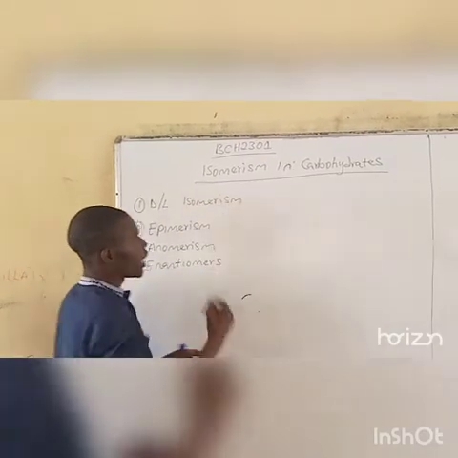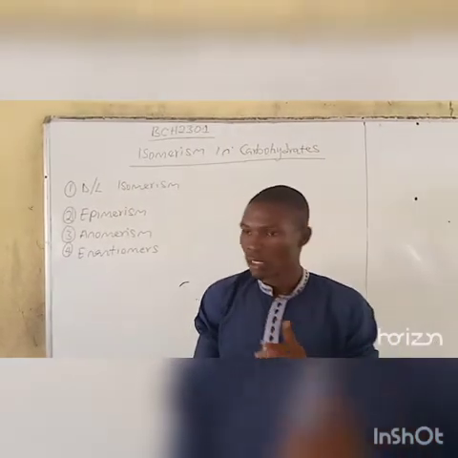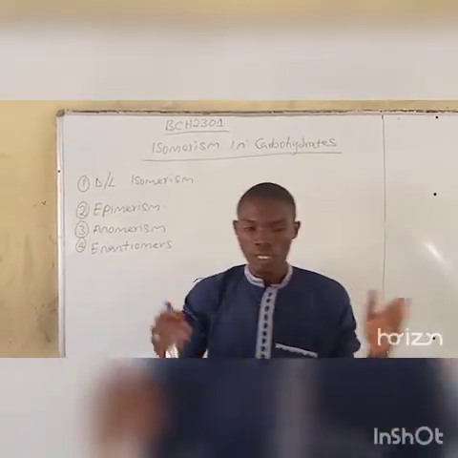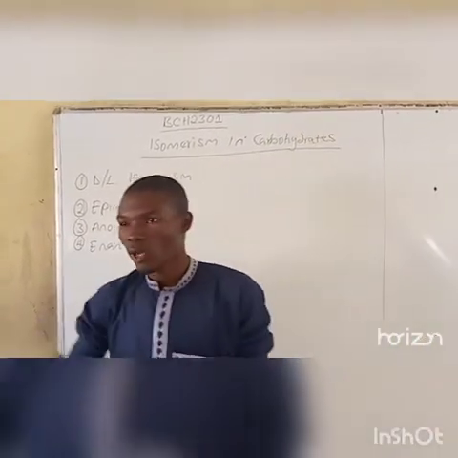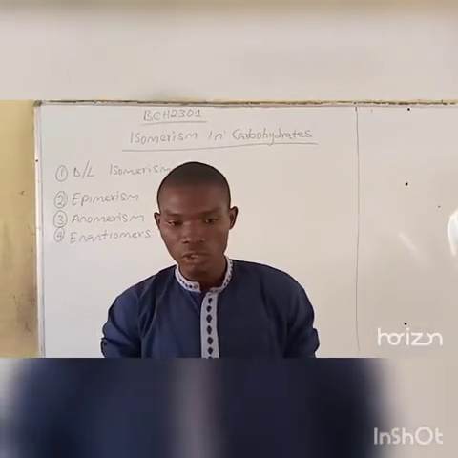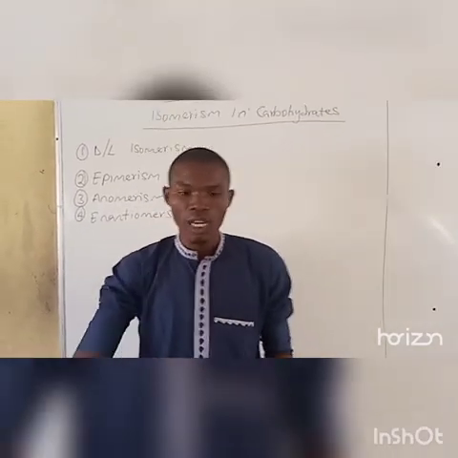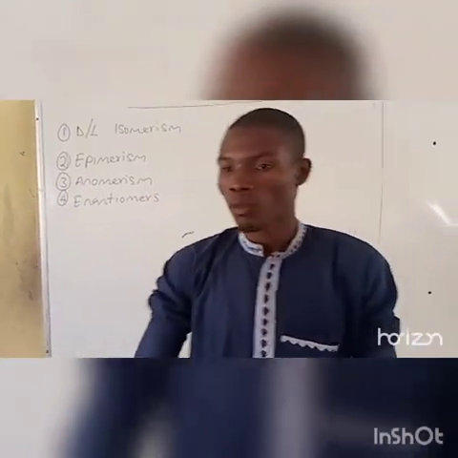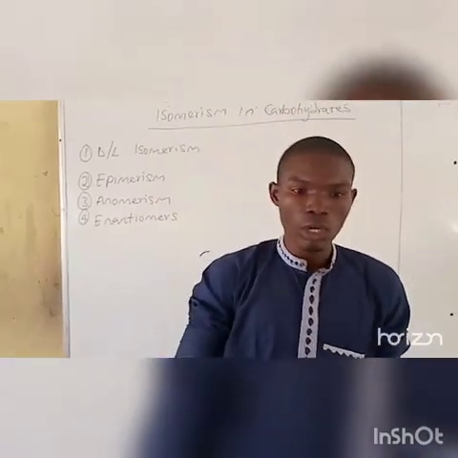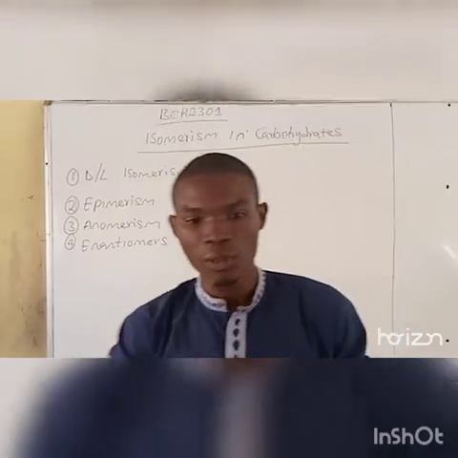Carbohydrates generally undergo only one type of isomerism, which is optical isomerism. Isomerism is divided into different parts: we have structural isomerism, geometric isomerism, and optical isomerism. In our own case, we are going to be looking at optical isomerism.